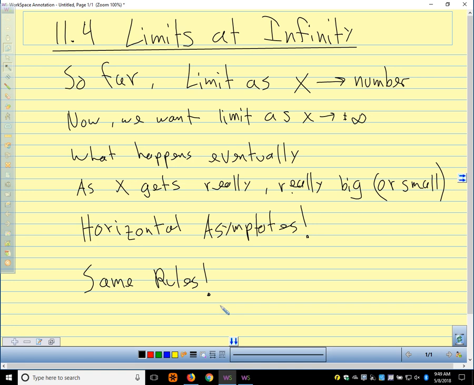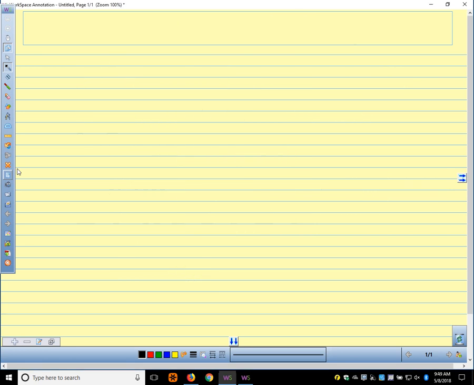What happens eventually? So our main limit that we need to know for this is the limit as x approaches infinity of 1 over x to some power equals.